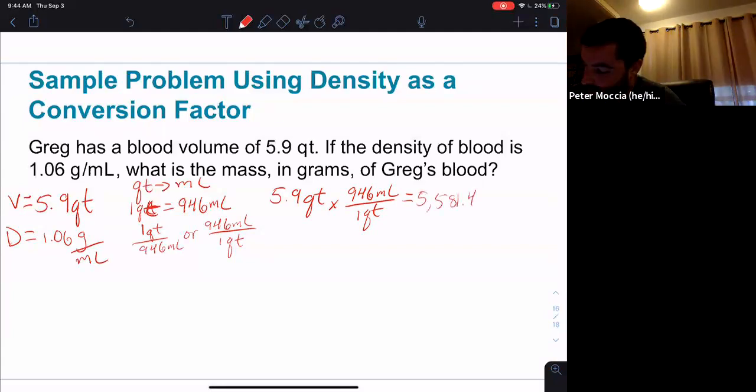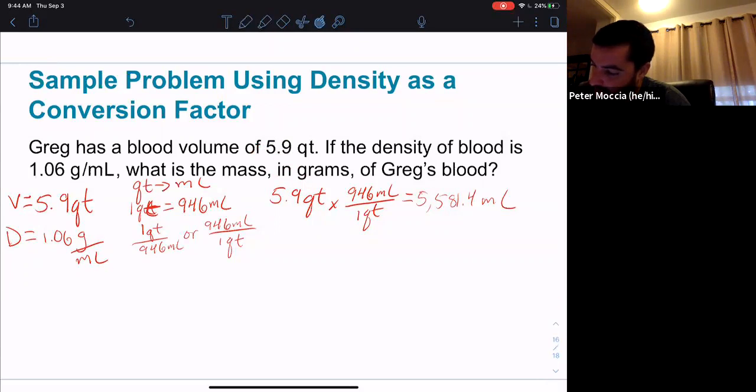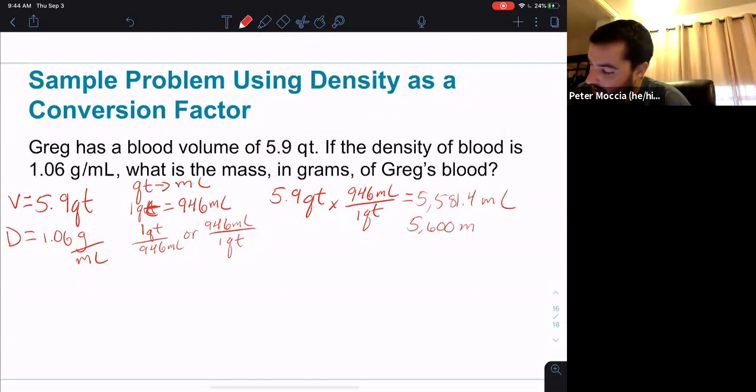5.9 times 946 gives me 5,581.4 milliliters. Okay, but I only want 2 sig figs here because this is my measured number. I want the amount of sig figs as the measured number. So in this case, to give this 2 sig figs, I'm going to round this number off, the second number, and I'm going to get 5,600 milliliters.